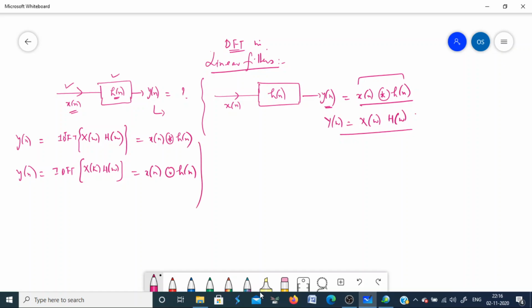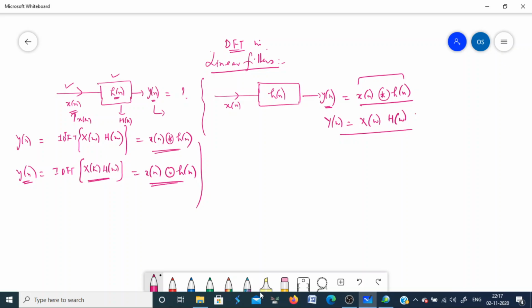Okay, now if I want to use DFT for linear filtering, it means if I take its DFT Xk, then I take its DFT Hk, I multiply them together and I find the output Yk, and then its inverse yn, that should be the same as the linear convolution.